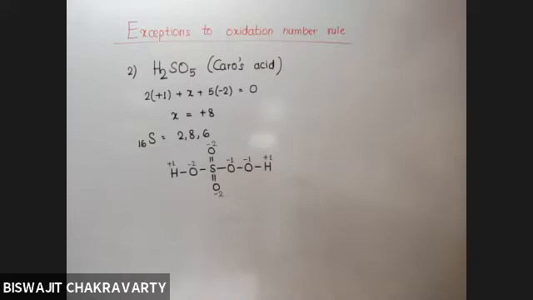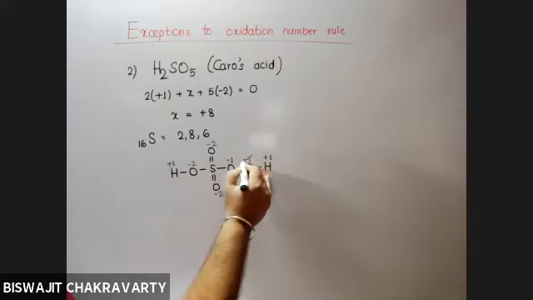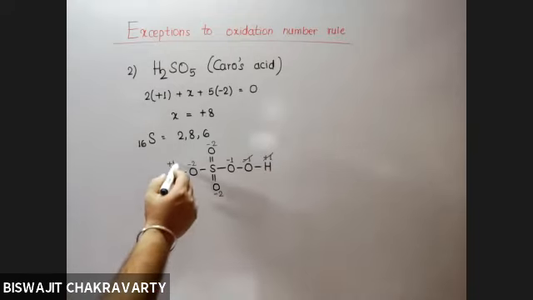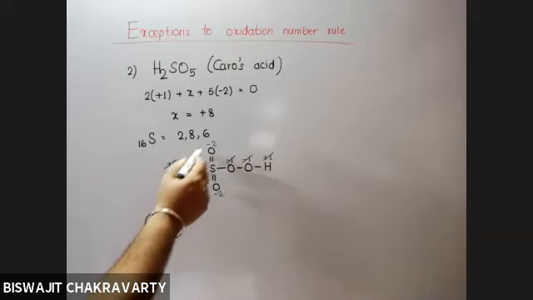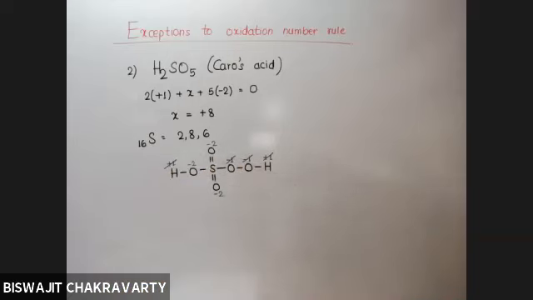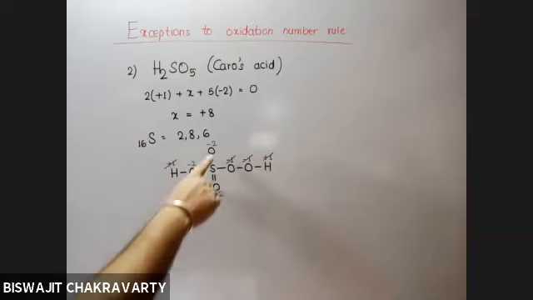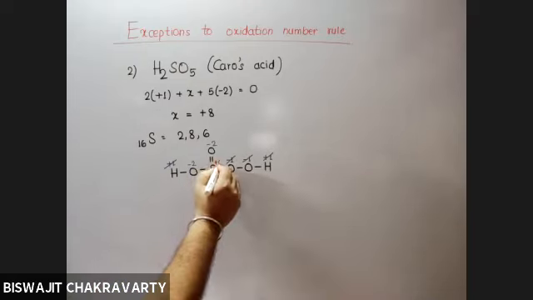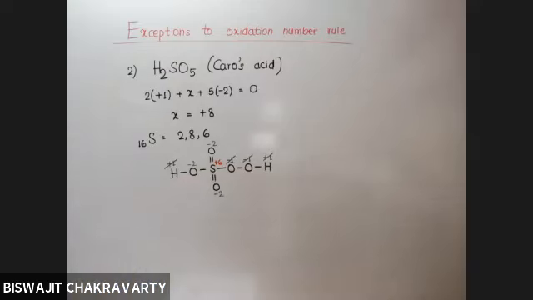You are getting +6 on sulfur or not? -1 +1 cancels. Then +1 -1 cancels. So how many -2s are remaining? Sir, 3. So is it not -6 as a whole? Yes, sir. So what should be the oxidation number of sulfur? +6. Is it acceptable now? Yes, sir. Understood?